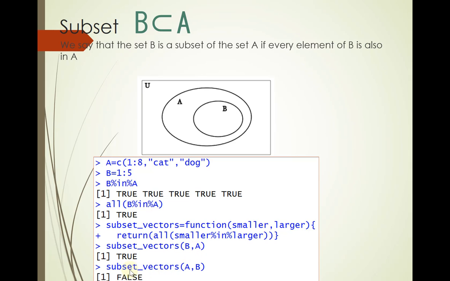If we try our subset vectors A B, where A is this and B is this, it shouldn't work, and it doesn't work. Okay, you could test the inner workings of this with A and B by putting A here, B here, and checking all. You'll see it doesn't work. It's not true. Okay, that is subset. Next we want to do intersection, but I'll stop here.